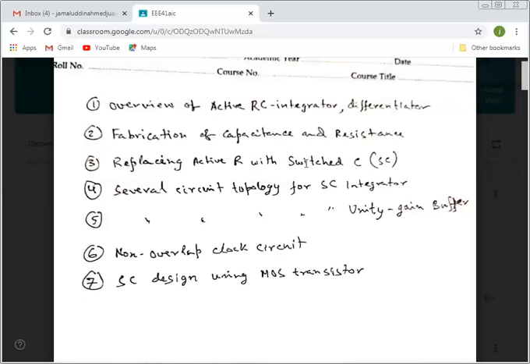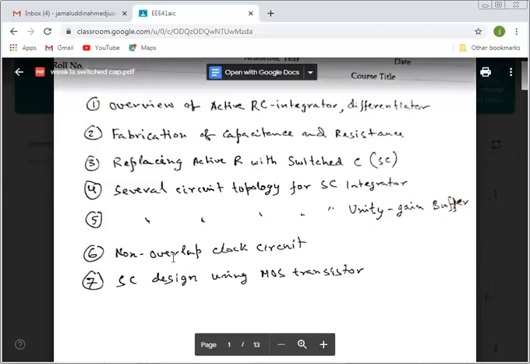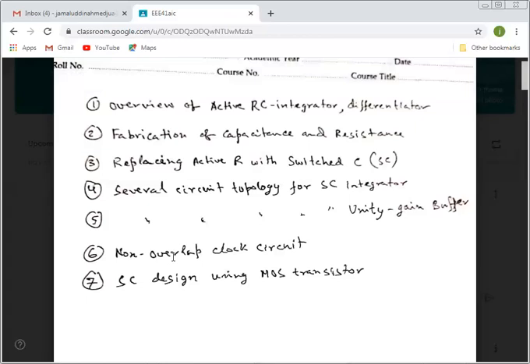And we'll explain why we use switch capacitor instead of resistor, and also using this switch capacitor we'll do some different topology about integrator and unit gain buffer. And finally, we'll show how to generate non-overlap clock, sample clock to switch the capacitance.